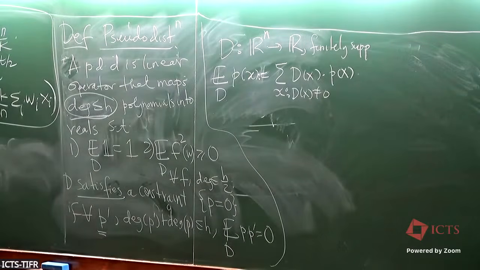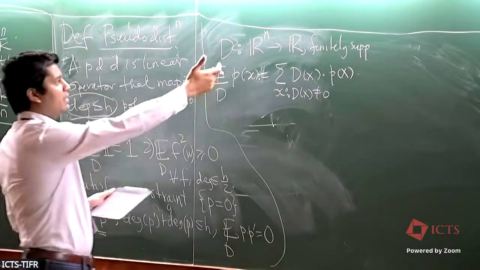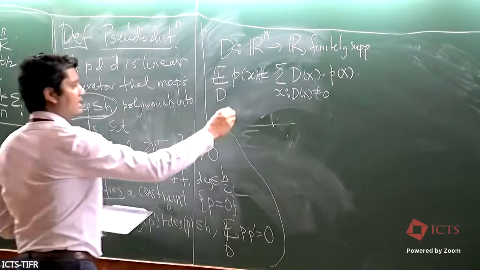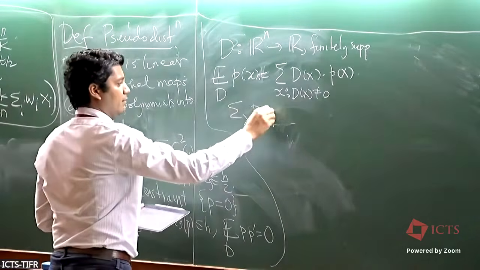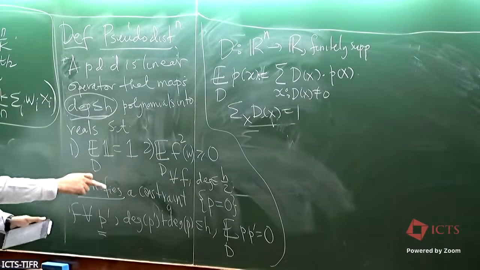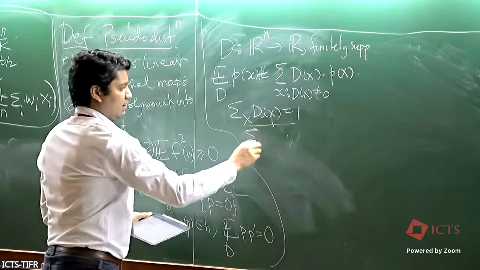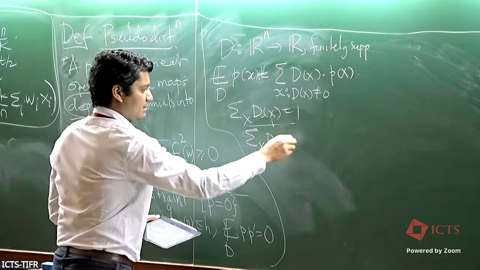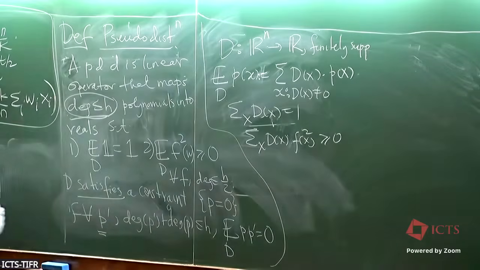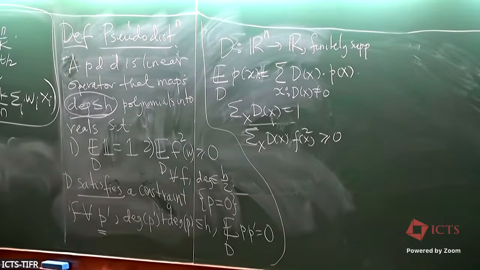And then what I wrote down is basically some properties of this function D. This property, for example, means that the sum of D(x) is 1. This property means that the sum over x of D(x) f(x) squared is always non-negative if f is a low degree polynomial. You're all good with this, right?